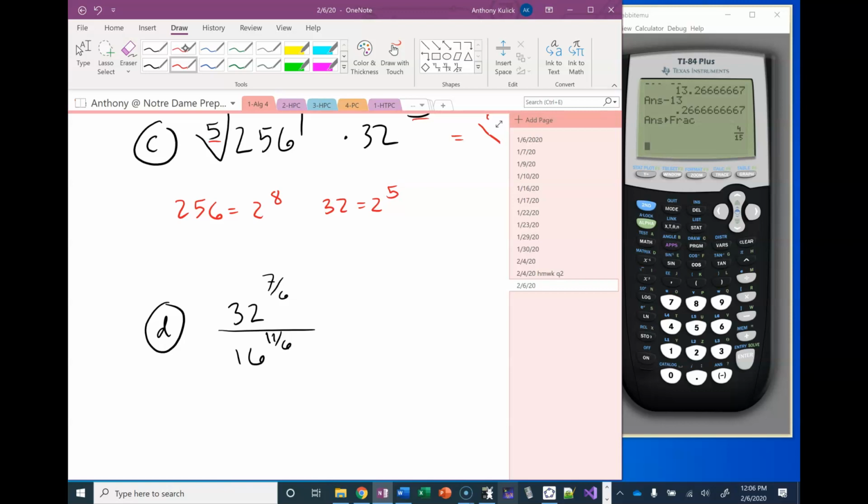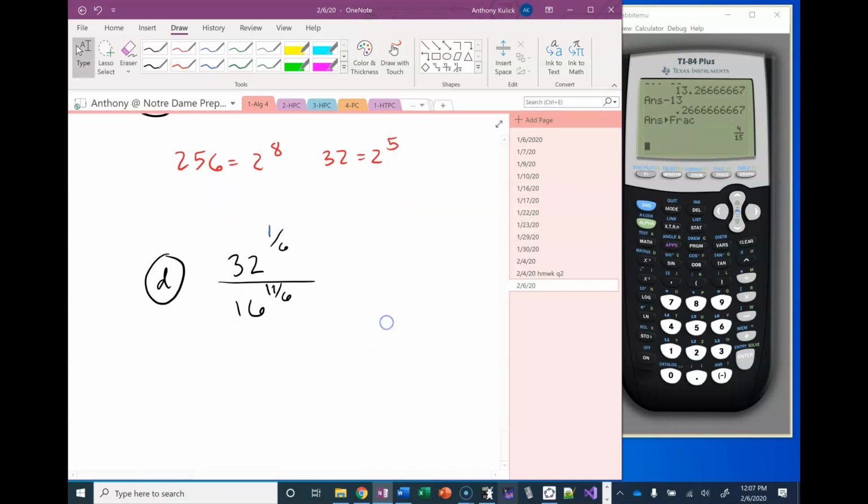All right. So what if we have? Actually, I'm gonna change this just a little bit. I'm going to make this 1/6. All right. Everybody good here? So I'm going to start the same way we did before with prime factorizations.